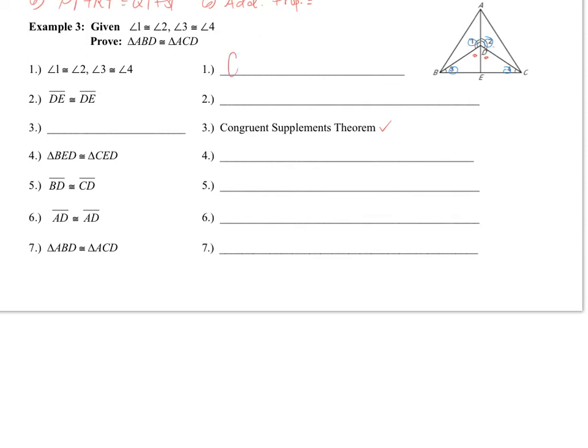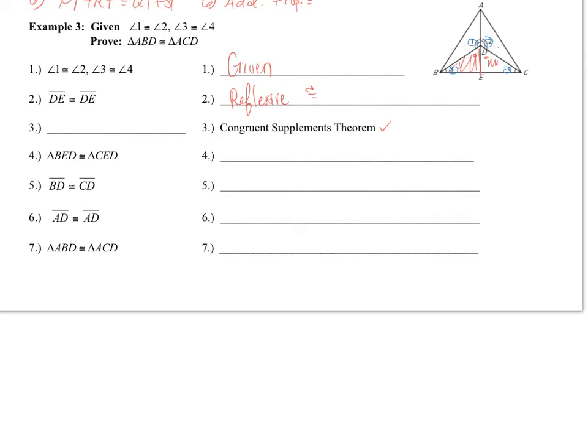So first of all, let's write down given, and let's first state that DE is congruent to DE by the reflexive property of congruence. And our goal here is to first prove these two triangles congruent so that we can go ahead and prove the other two.